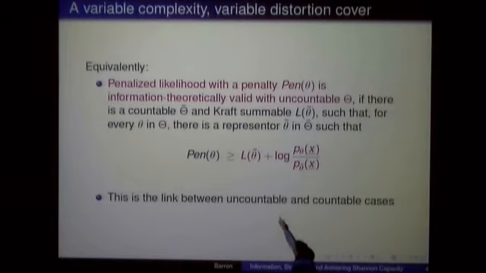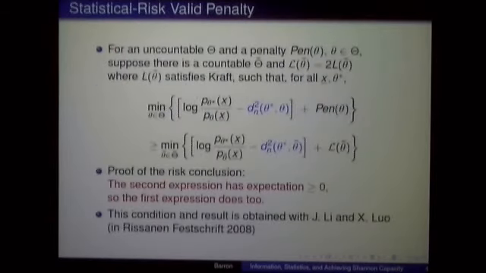So this is the core of the variable complexity, variable distortion cover property. If you have such a penalty, then it will turn out to be compression valid. And this is the link between the uncountable and countable cases.